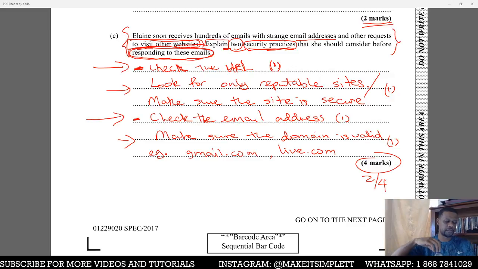So anything that has to do with what you should consider before responding, whether the email is worthy of a response or not. Alright, I'll go through the actual recommended answers from CSEC just now.